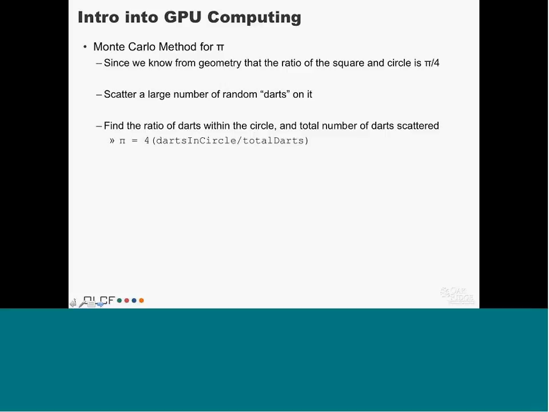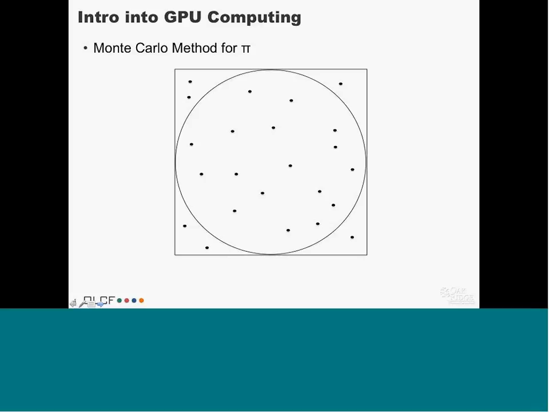So we scatter a number of random darts at the circle and square, take the ratio of how many darts land in the circle to the total number of darts we throw, and multiply it by 4, and we have our pi. The closer to an infinite number of darts we throw, the closer to pi we'll get.